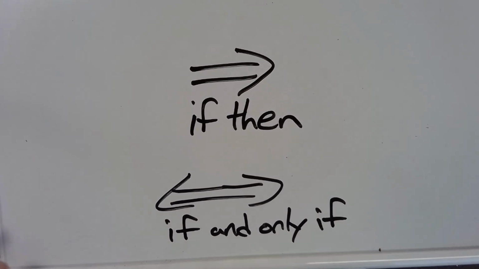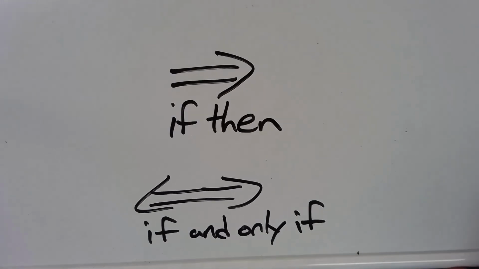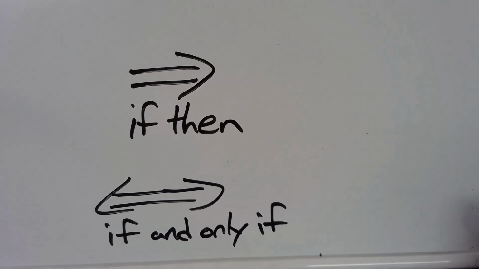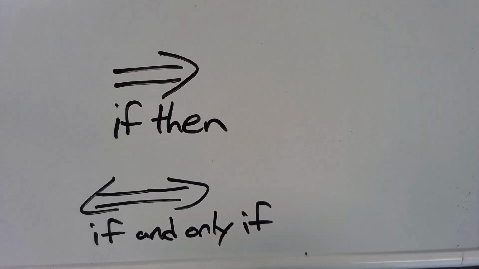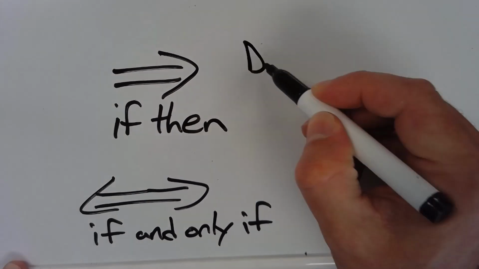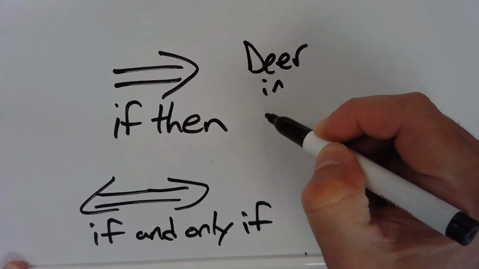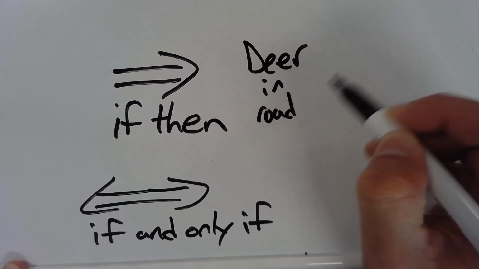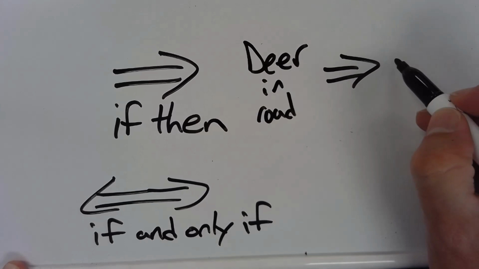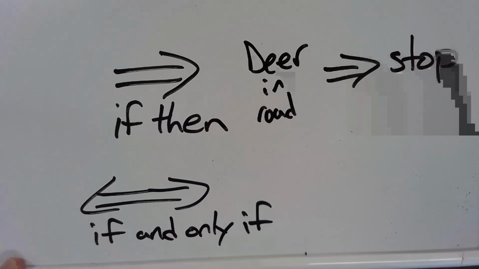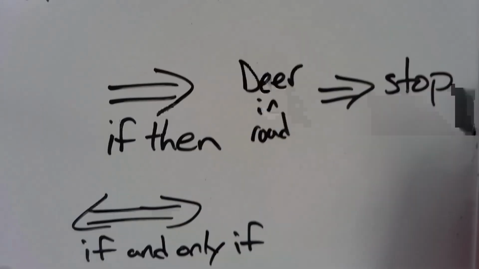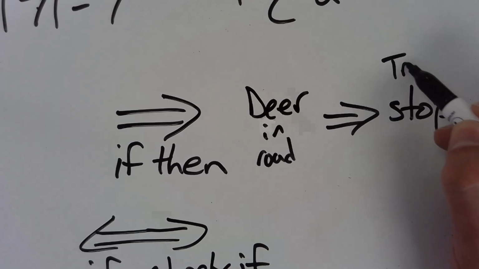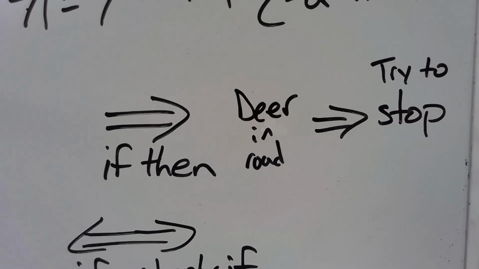So here's how it is in practice. Deer in road. Stop. Well, let's say try to stop. How about that? Try to stop. So if there is a deer in the road, then you try to stop.